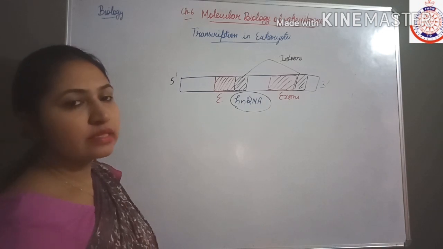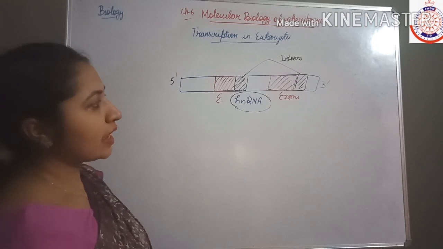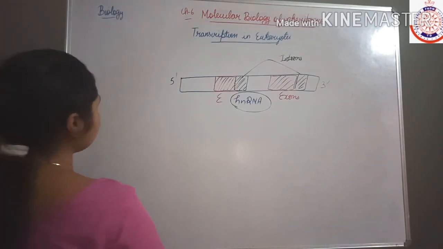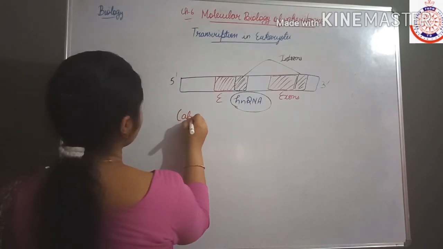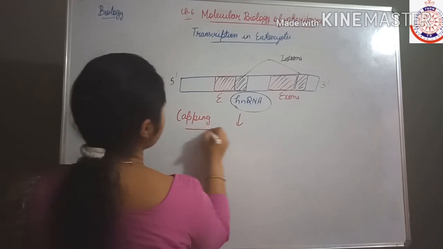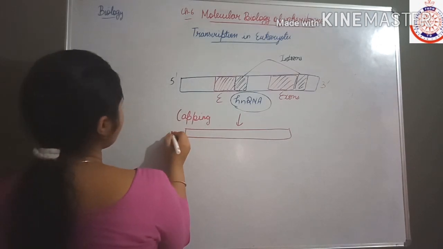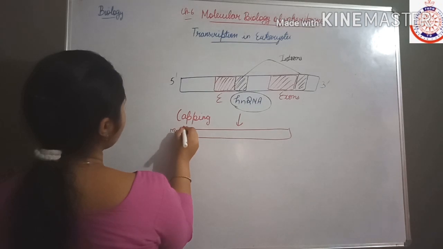Now what will happen? First of all, capping will occur, then tailing, and then splicing. Now what is capping? Capping means the addition of methylated guanine triphosphate.